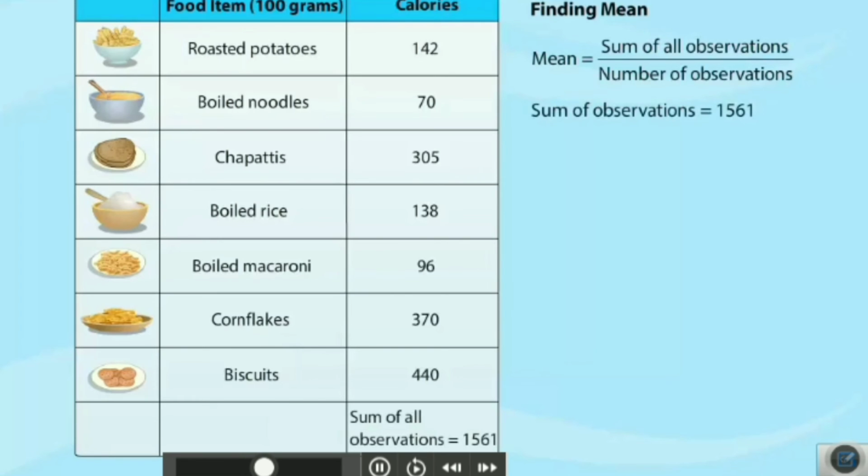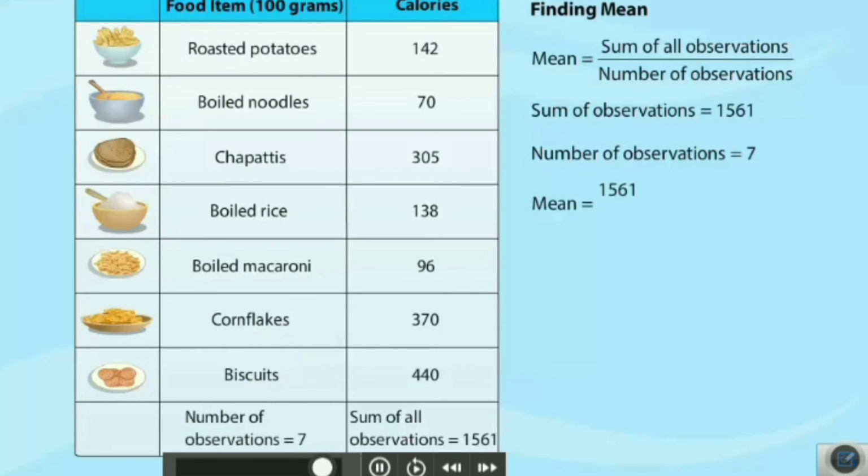The sum of calories or the sum of observations is 1561. Also, the number of food items or observations is 7. Therefore, mean is equal to 1561 divided by 7. That is 223.